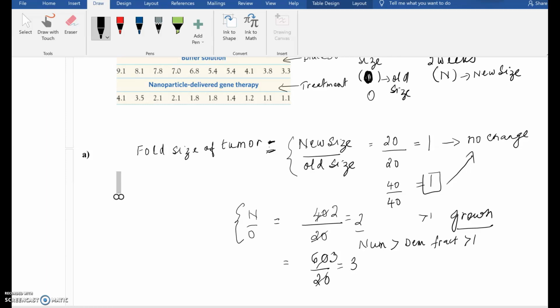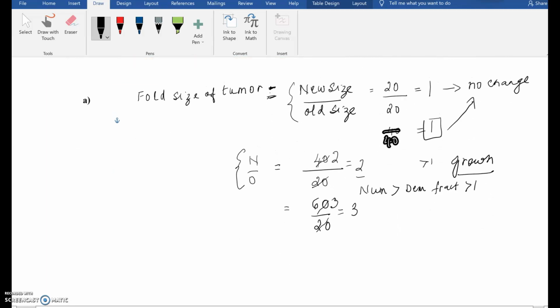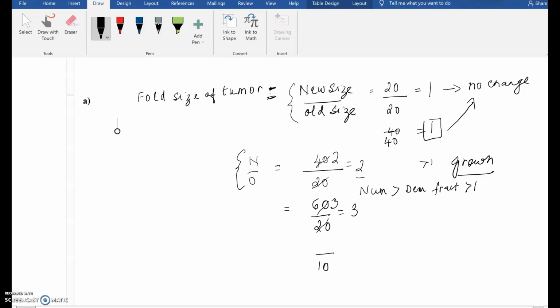So the fold increase is 3, which means the tumor has grown 3-fold. What if we had the original size to be 10 and the new size to be 40? The ratio is 4. 4 is greater than 1, which means obviously there is growth in the tumor.